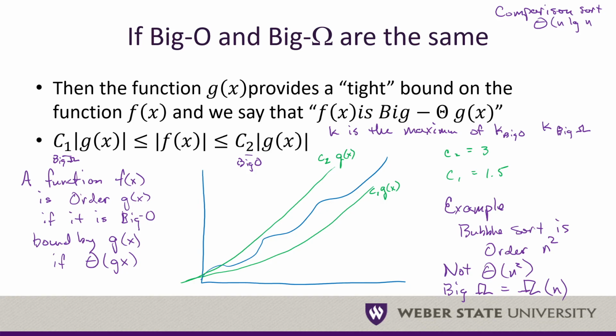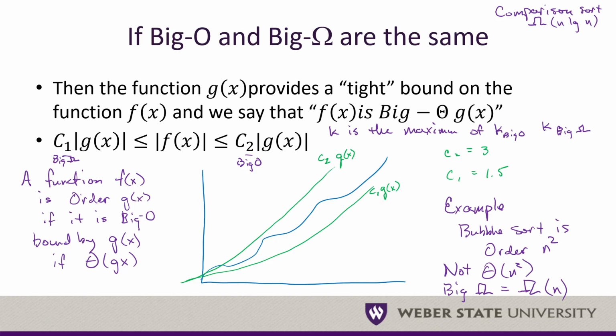For comparison sorts, actually not theta, because bubble sort is also a comparison sort. It's big omega. What that means is if my sort is based on the idea that I compare this value with other values in the list to determine whether or not it's in order, then it's never going to be better than n log n. So n log n is the best I can do because I have to compare it with the other items in the list.